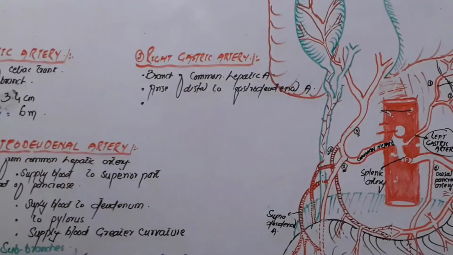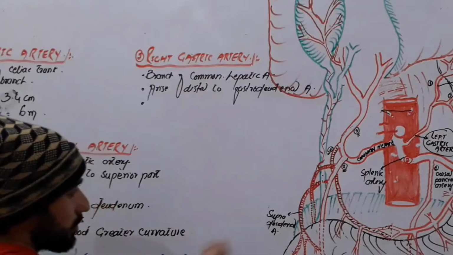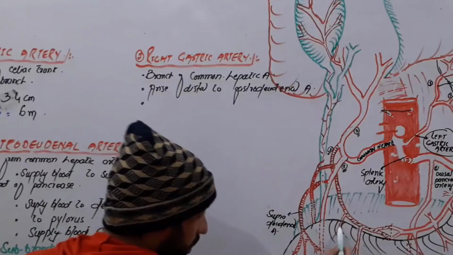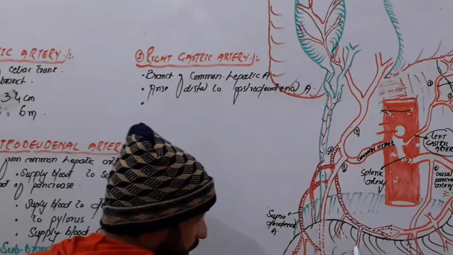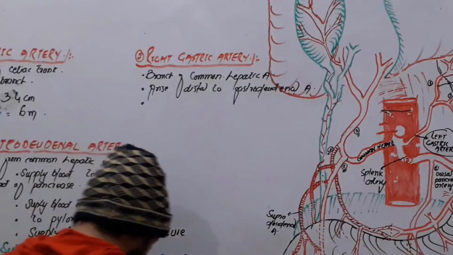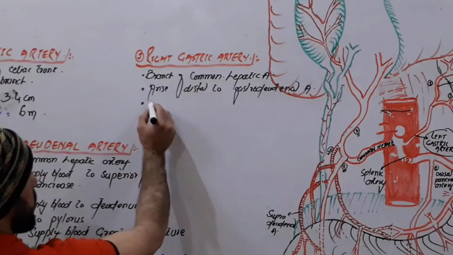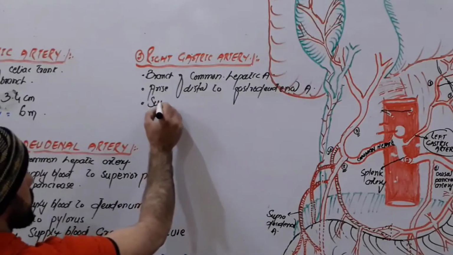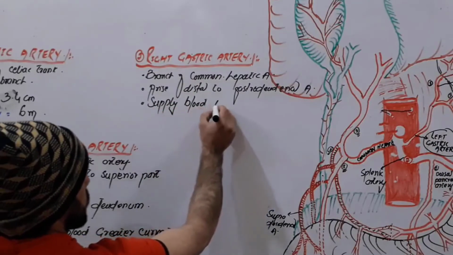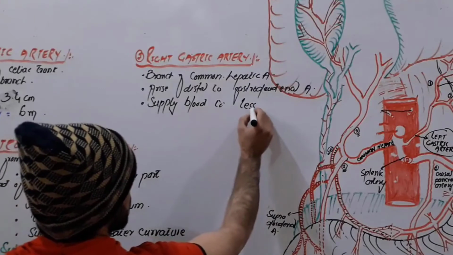This artery is responsible to supply blood mostly to the lesser curvature of the stomach, to some parts of the pylorus, and then it anastomoses with the left gastric artery. So we say here it supplies blood to the lesser curvature.